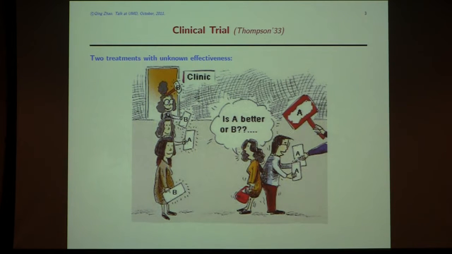There are two experimental treatments for this condition, and we don't know their effectiveness. When a patient comes in, we decide to use one treatment, and we observe the recovery of the patient. Then we dynamically decide which treatment to use for future patients, and we want to cure as many patients as possible. This is essentially a multi-arm bandit with two arms.